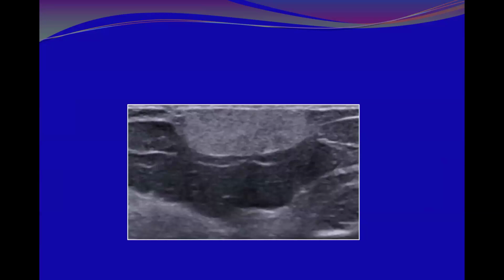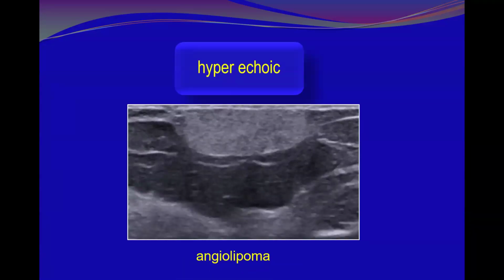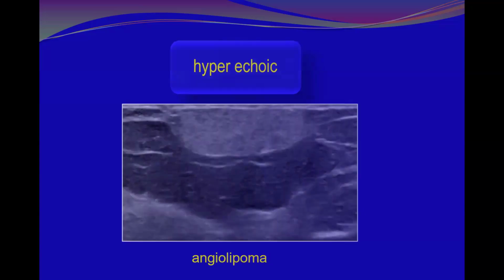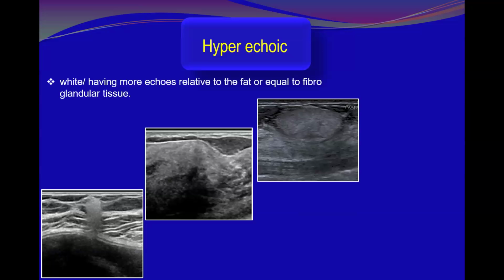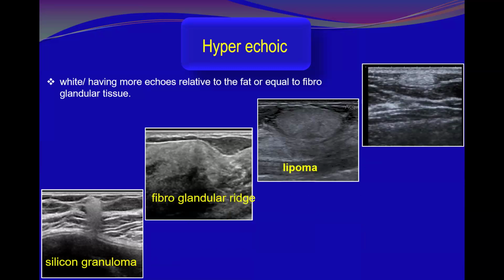So this is obviously brighter than the fat, hyperechoic, in a case of angiolipoma. And here we can see silicone granuloma, fibroglandular tissue, and 2 lipomas representing hyperechogenicity.